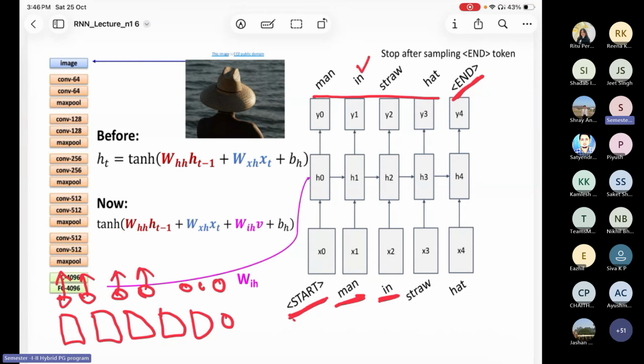Instead, when you process every word of this paragraph, at the end, you know that the final state has the information of every word you have shown to the RNN. So just using this state, you can predict the output.